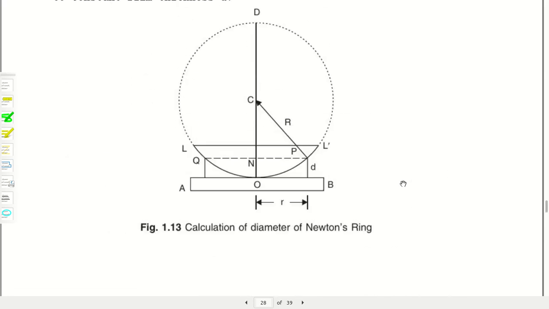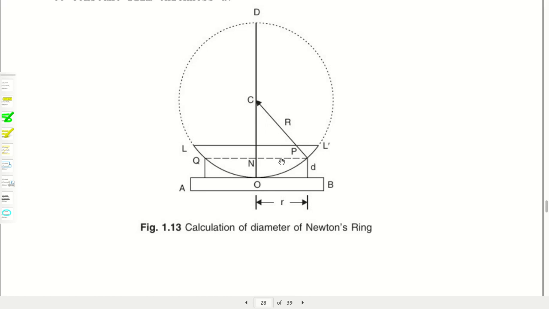Now let us look at this picture in a different way. I have told you that r is the distance of the fringe at this point from the end point of the wedge. But here the fringes are of equal thickness. Why?